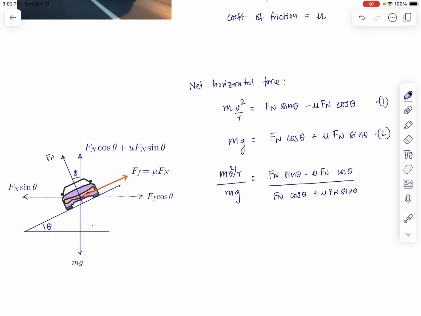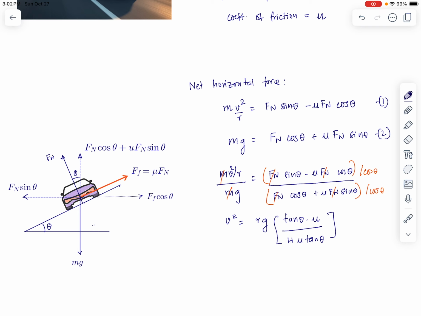One thing we see right away is that the m's cancel out, the Fn's cancel out, and we can also divide both the numerator and denominator by cosine theta. So essentially we end up getting v square equals r times g times tan theta minus mu, divided by 1 plus mu tan theta.